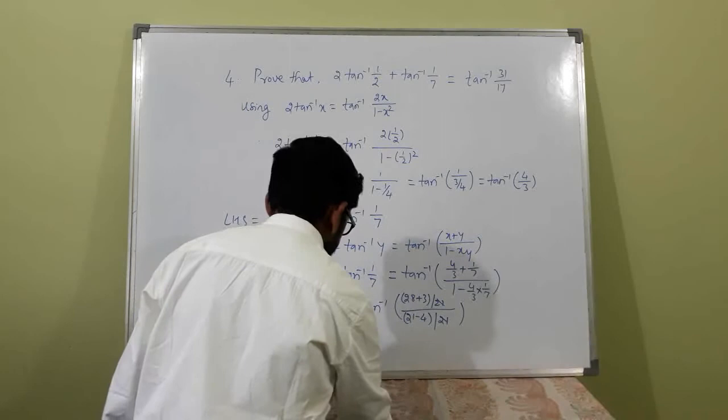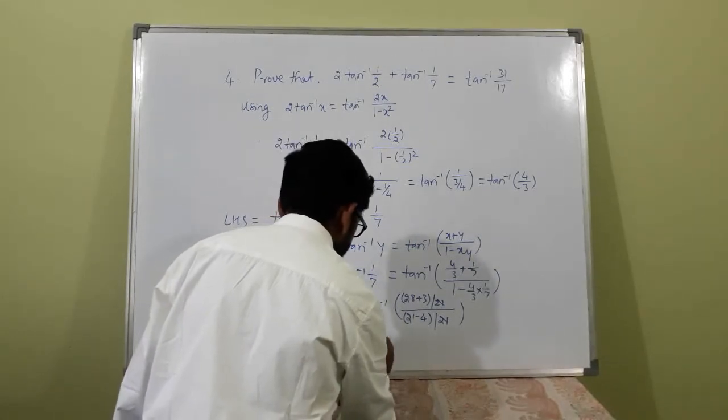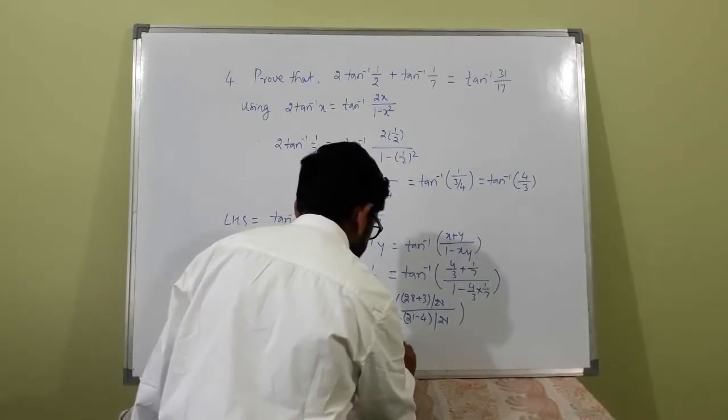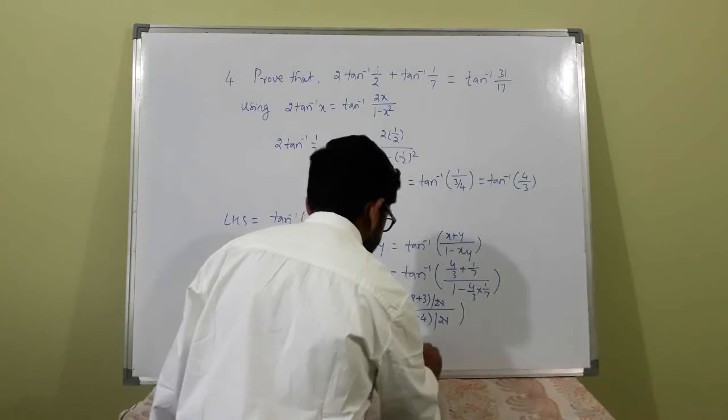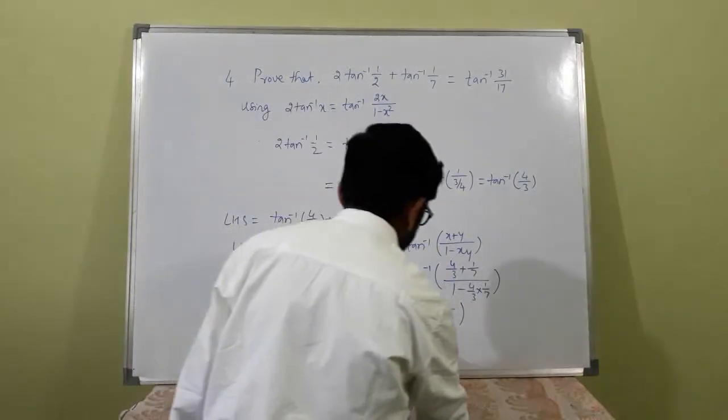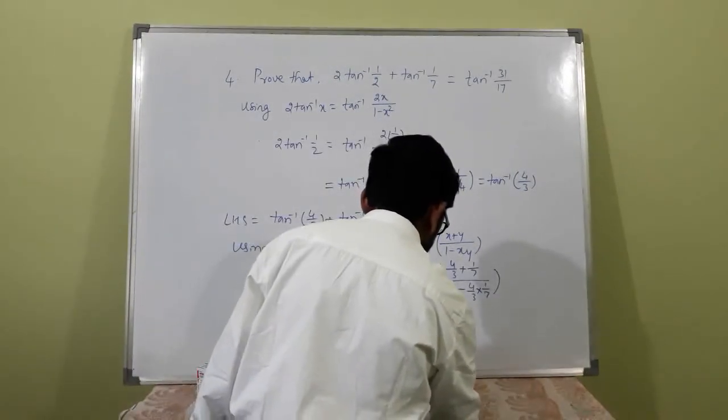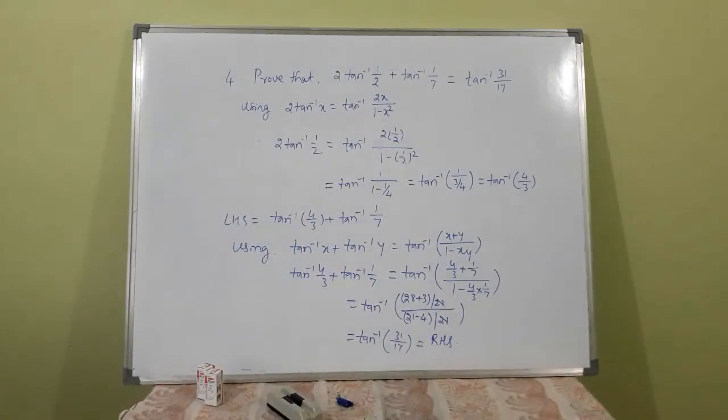So this is tan inverse of 31 over 17, that is RHS. Okay.